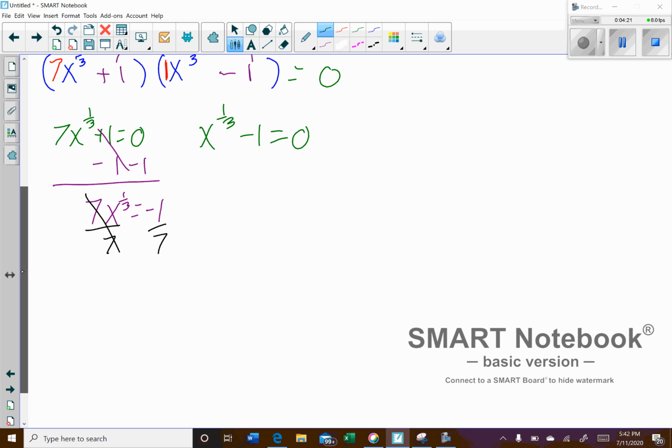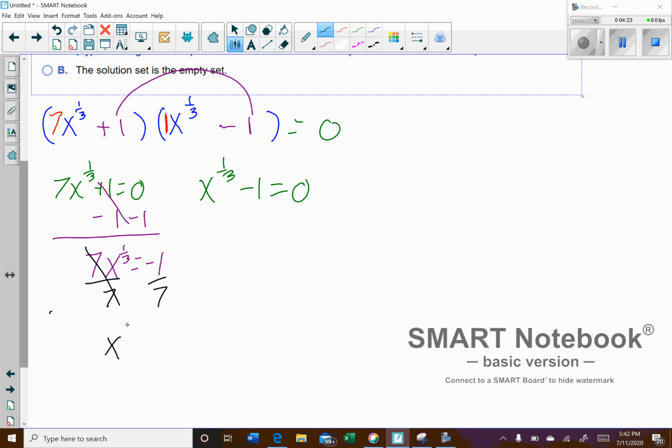So we'll get x to the 1/3 equals negative 1/7. Then we're going to raise both sides to the power of 3. So we get x is equal to negative 1 over 343.